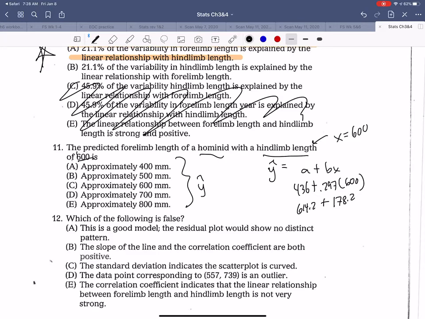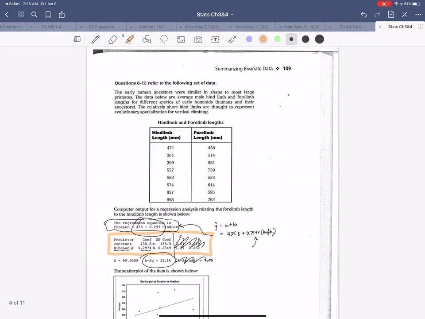And I get an answer... oh, that's interesting. I'm getting an answer of approximately 800. So maybe the answer key is off. Yeah. Let me crunch those one more time just to double check. 436 plus 0.297.